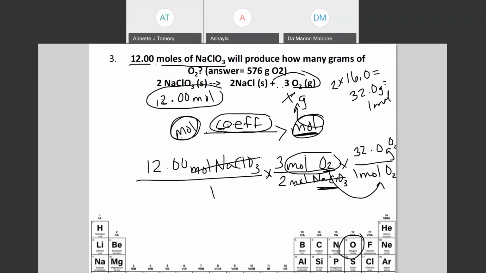Right. That means we're ready to put it into a calculator because the top of the last line is the unit we're looking for. That means we're going to go from left to right. 12. 3 is on top, so it's going to be times 3 divided by 2 times 32.